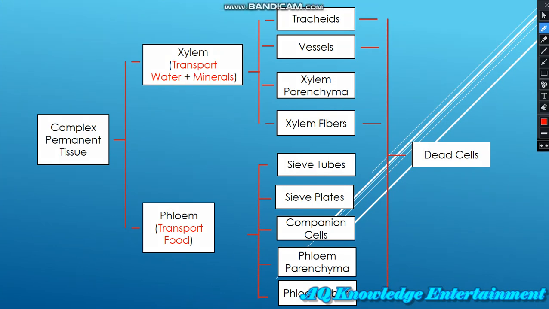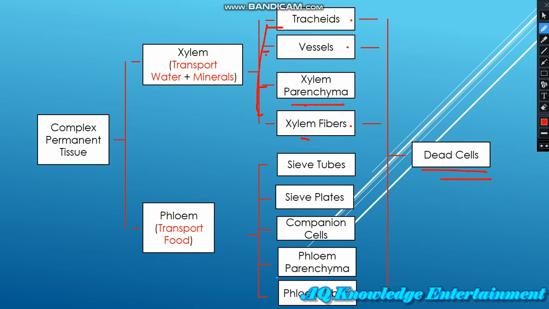Yeah, see, so xylem consists of these four kinds: the vessels, tracheids, xylem parenchyma, and the xylem fibers. Now in xylem, tracheids, vessels, and xylem fibers are completely dead. Only the xylem parenchyma is a living cell. The rest of them are dead cells. So you should remember this.